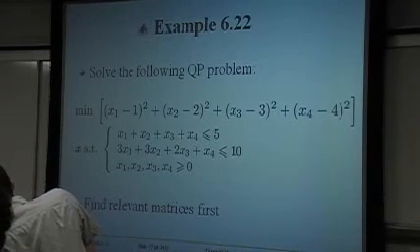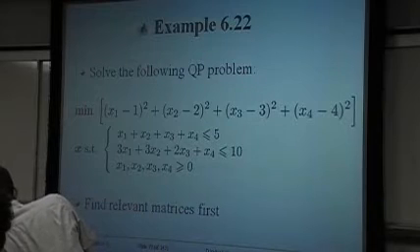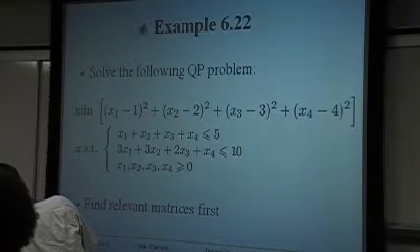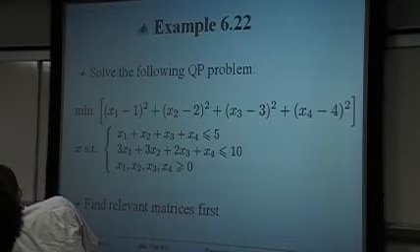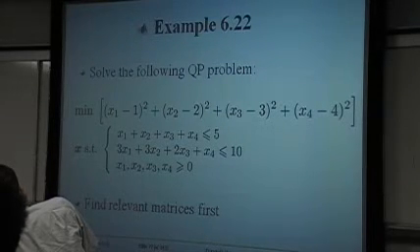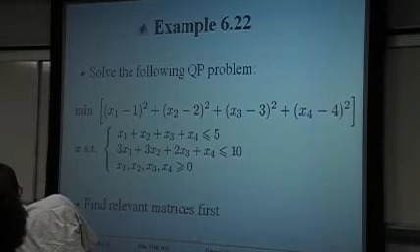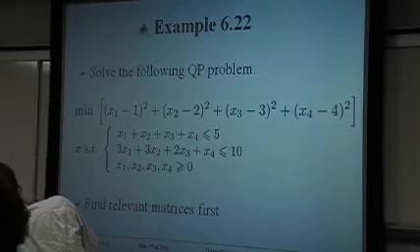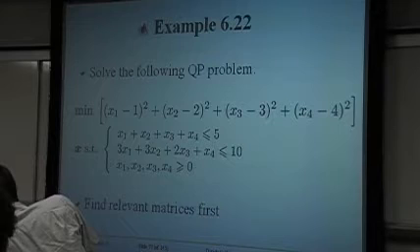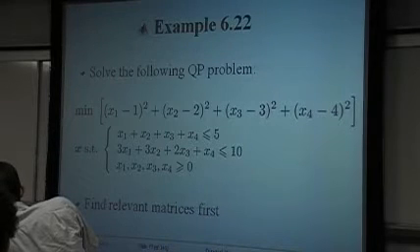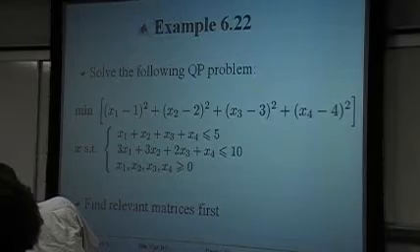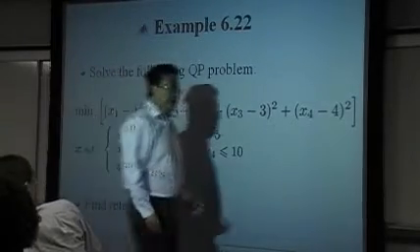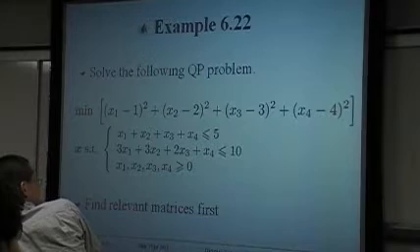This one should be correct. If we multiply these two together, and suppose x here is a column vector, these two are equivalent. But you must be very careful. This one is not H. So you must be very careful in solving quadratic programming problems.